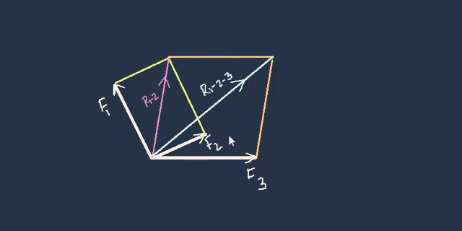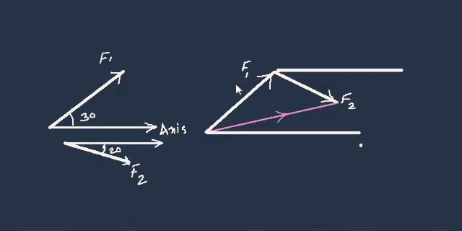Always remember, as long as you maintain the magnitude and the direction same, you can move the vectors anywhere in the space. But always make sure that you maintain the angles that the vectors make with the reference axis. So as shown here, you have a force F1 which makes an angle 30 degree with the x-axis.